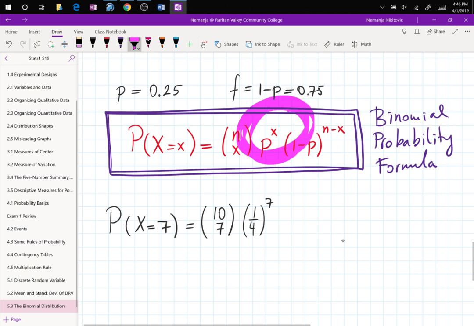It's not n, it's x. Probability of success, there we go. And now the other one is 3/4, which is failure, raised to 10 minus 7.